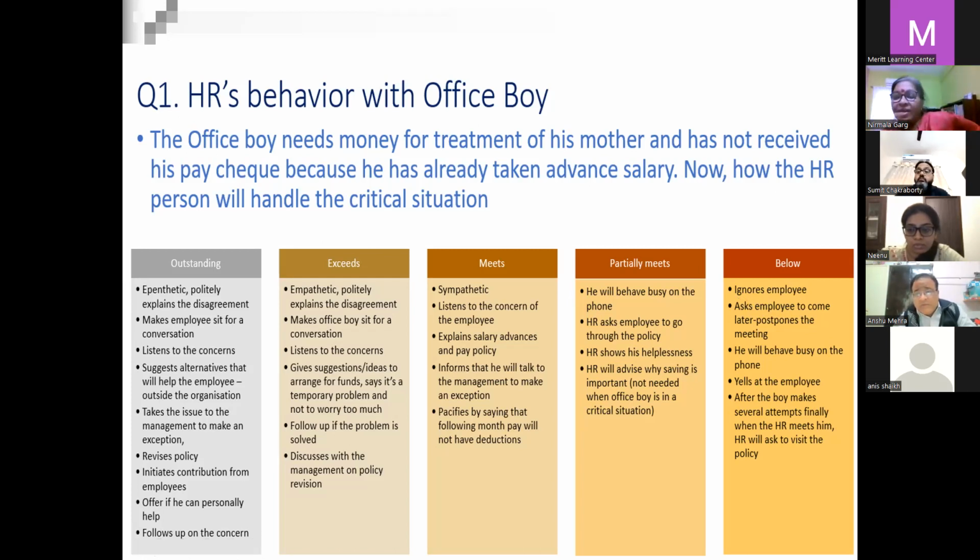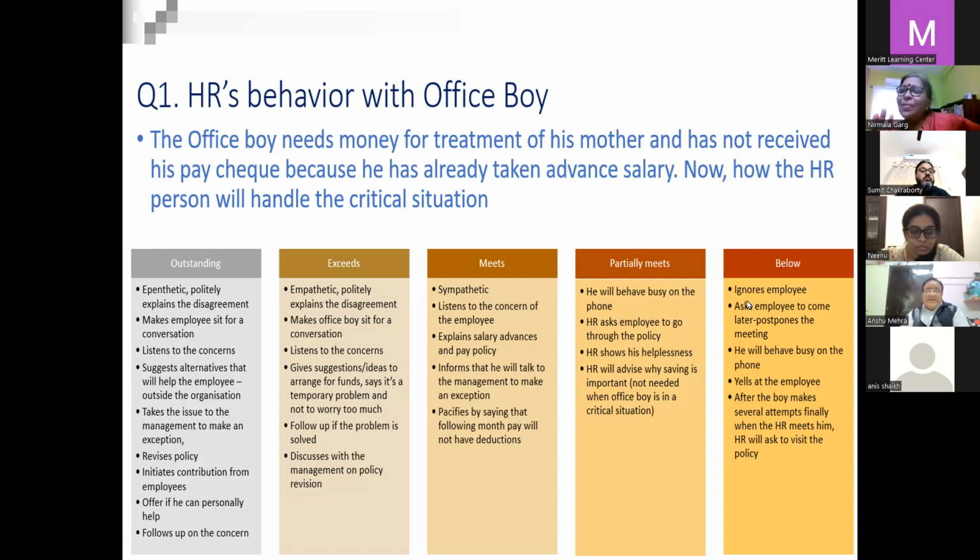Are you able to read, or I will read it? Yes. At the below level: ignore employees, ask employee to come later, postpone the meeting. He will behave busy on the phone, yells at the employee. After the boy makes several attempts, finally, when the HR person meets him, HR will ask him to visit the policy.